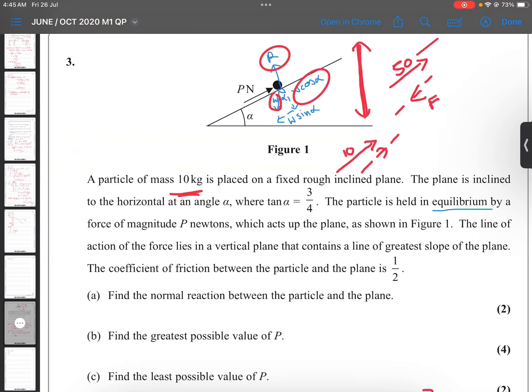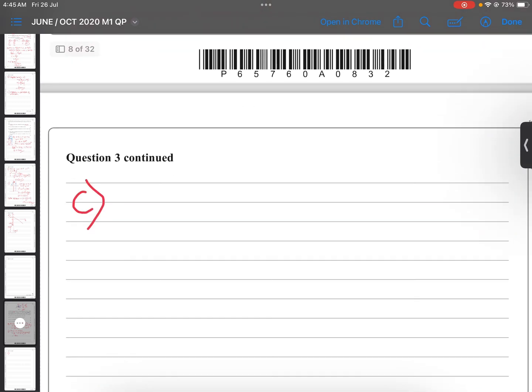So for part C, both P and the friction are going to act in the same direction, upwards, but W sine theta is going to be acting down.